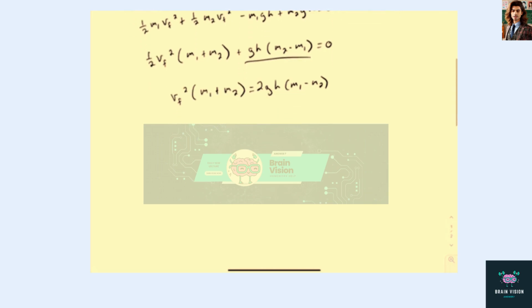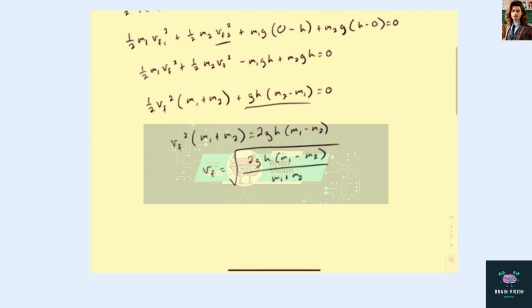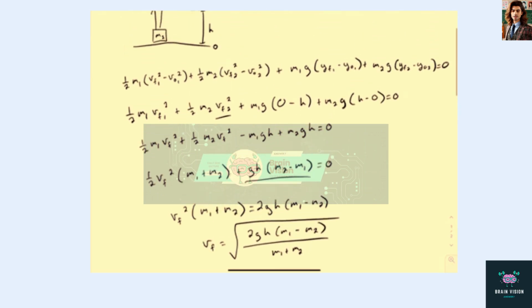And then I can divide by m1 plus m2, and then take the square root. So this is 2gh times m1 minus m2 over m1 plus m2, and then take the square root of the whole thing to get the final velocity. That's the speed that both blocks are at once m1 hits the floor.